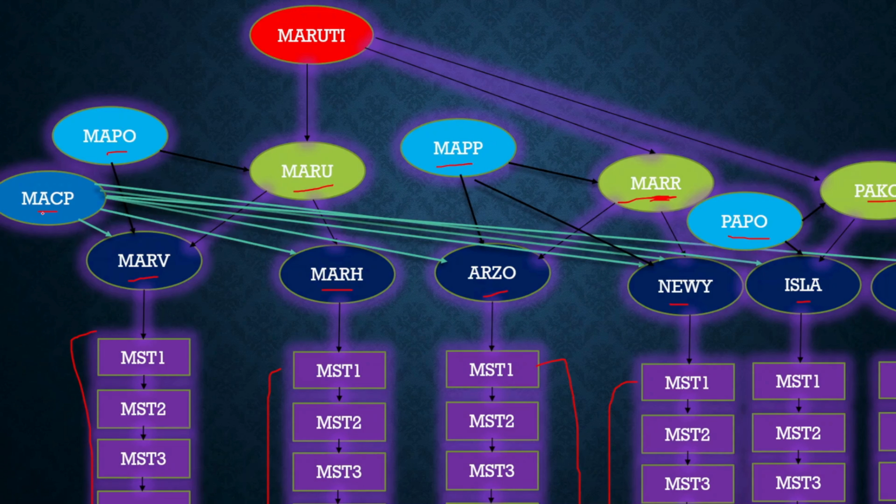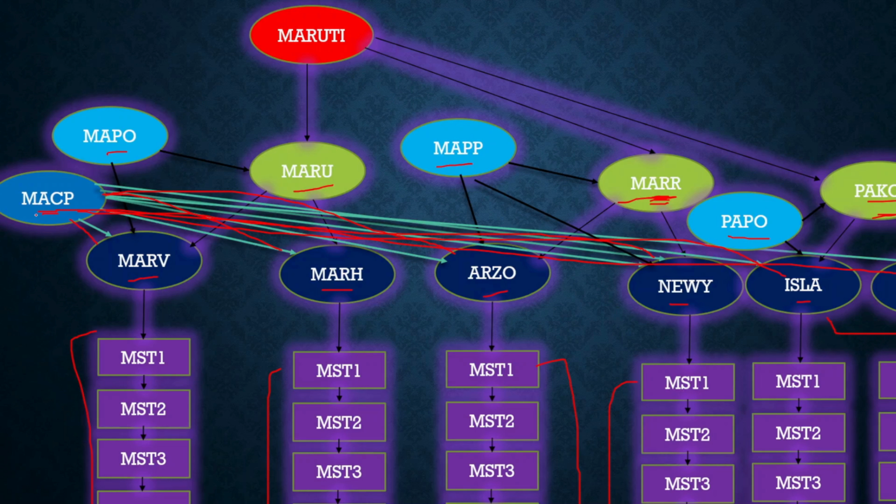But MACP, you can see this is assigned with this plant, with this plant, and both belong to this company code. At the same time, it's also assigned with this plant, and these two plants belong to this other company code. And at the same time, this is assigned with this plant and with this plant, and these two plants belong to this company code.